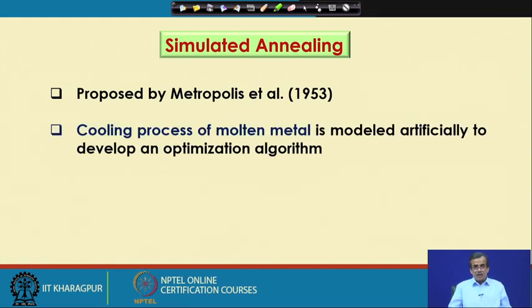Now, as I told that here we try to model the cooling process of molten metal in the artificial way, and we try to develop one optimization algorithm which on principle can solve the minimization problem.